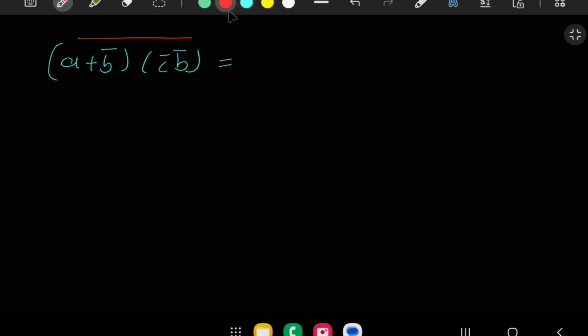Now there is another one over here, which is a plus b bar c bar b bar, is equal to what? So there is this complement over here. So there is one thing to notice, that only complement, right? Don't make this mistake.